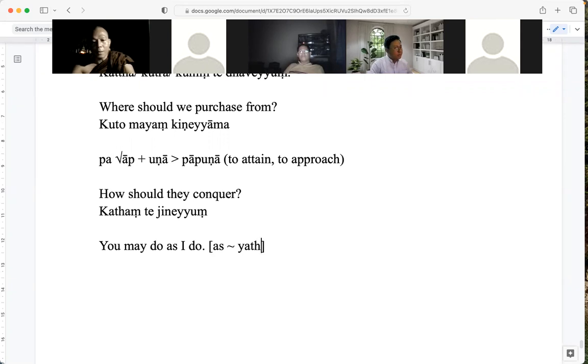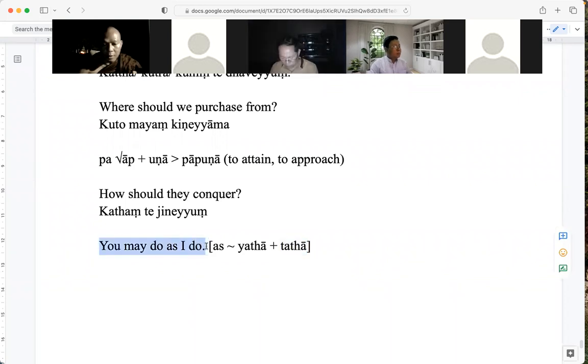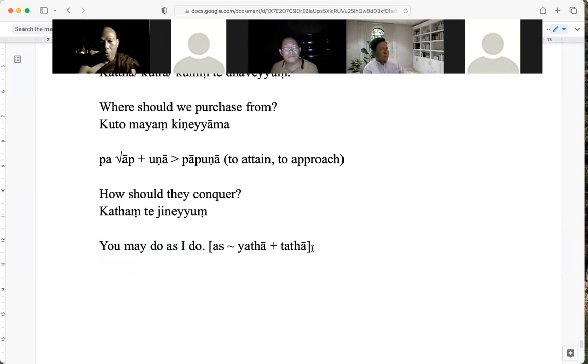S means in Pali yata and the ta, right? So here as I do in, so ya is in the relative clause and that is in the definite clause or main clause, right? So here these two sentences, among these two sentences, as I do is relative clause. That is fine.